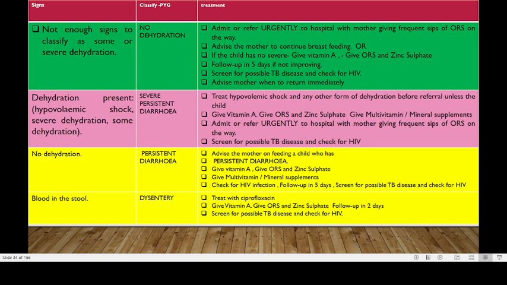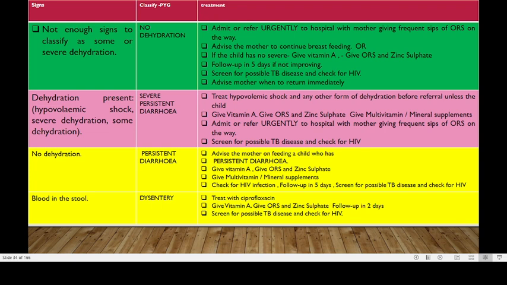In terms of diarrhea, we could have severe persistent diarrhea, where diarrhea is present, and we could also have hypovolemic shock or severe dehydration or some dehydration. In that case, you treat hypovolemic shock and any other form of dehydration before referral, unless the child is having other signs. You give vitamin A, ORS, zinc sulfate, multivitamin and mineral supplements.